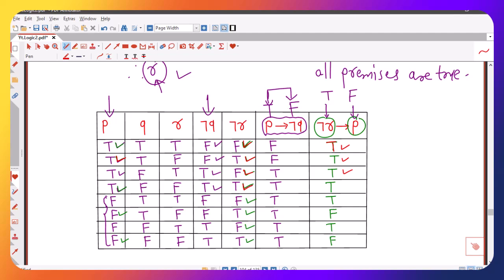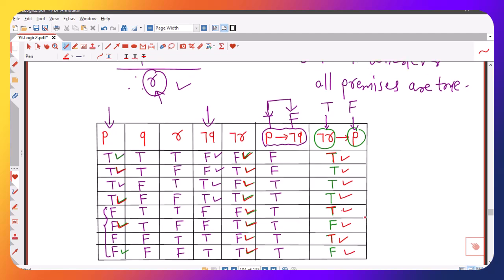Negation R is true and this is also true, therefore true here. Negation R is false, therefore this is true. Negation R is true and P is false, therefore this is false. And this I have checked. Then negation R is false, so this is true. Negation R is true and this is false, therefore we have F here.